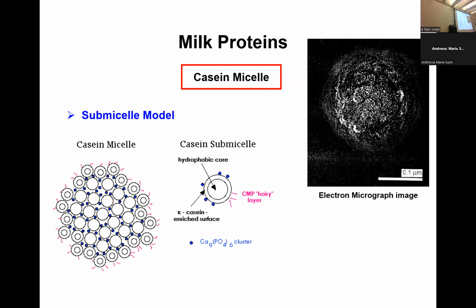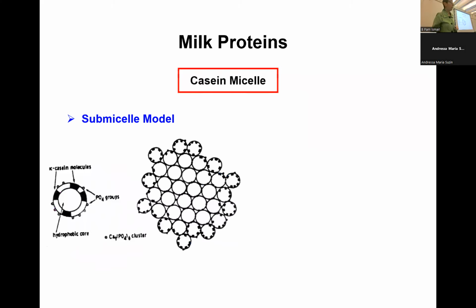But later on, I'll show you another image that does not necessarily mean that these are submicelles. But anyway, this theory was confirmed or believed based on this visualization. Okay, so it's a lot of stories here.